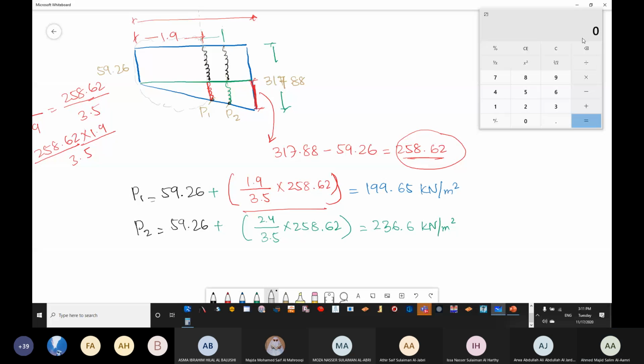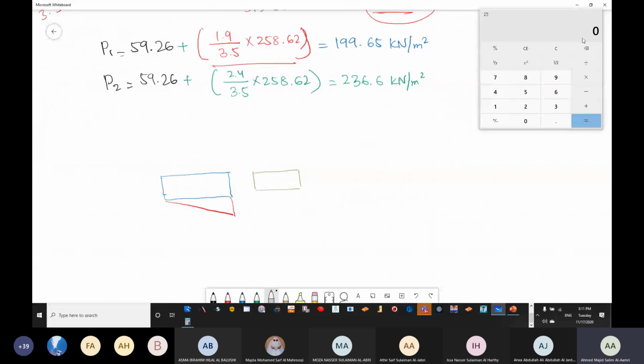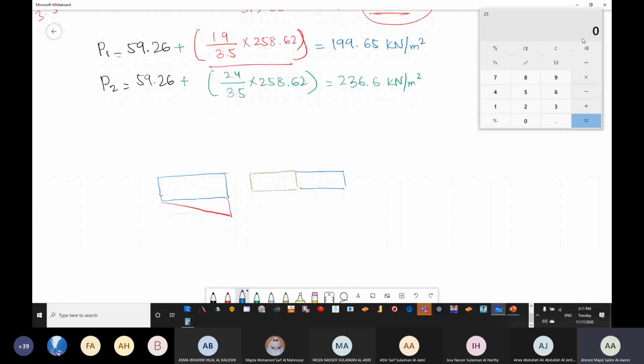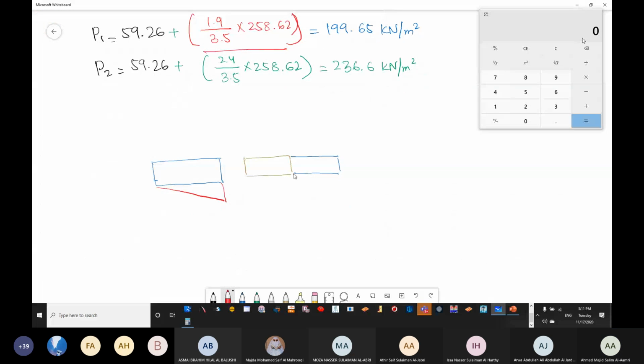For the other portion, same thing: we have a rectangle, and after the rectangle we have something like this.